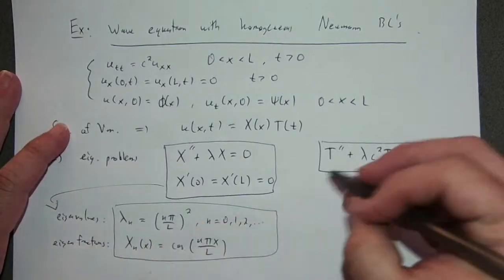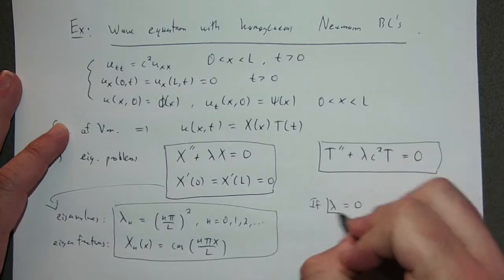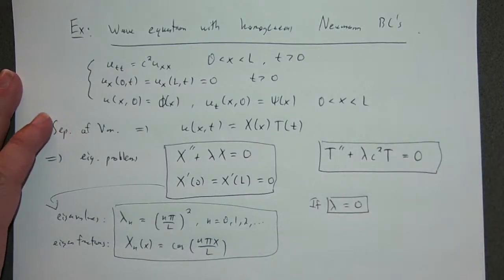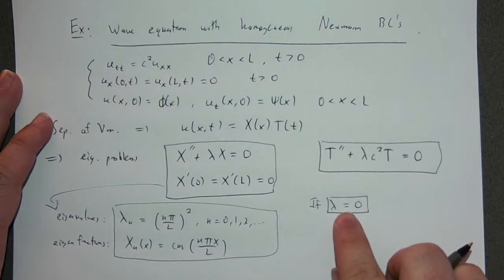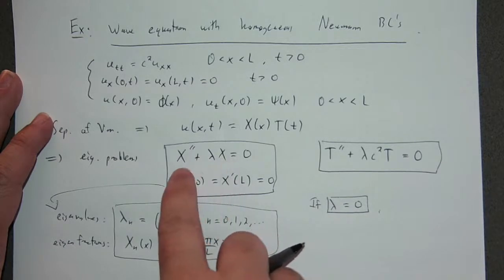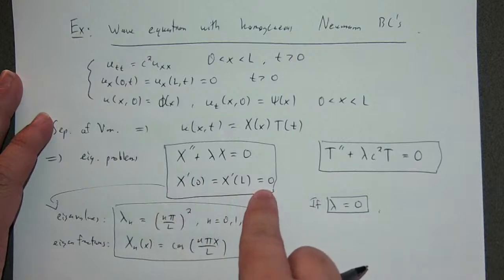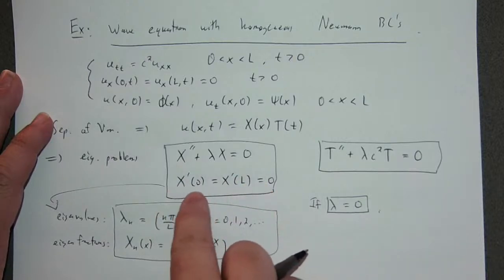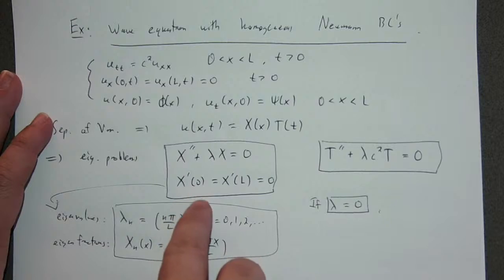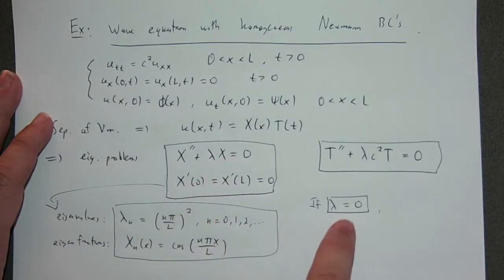So what do I do here? So note, if lambda is equal to 0, then in this eigenvalue problem, I have X double prime is equal to 0 with Neumann boundary conditions. The constant term is going to be the only thing left, right?